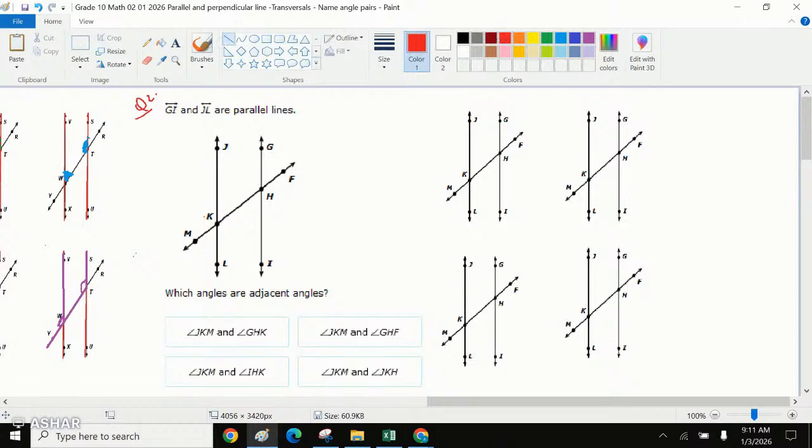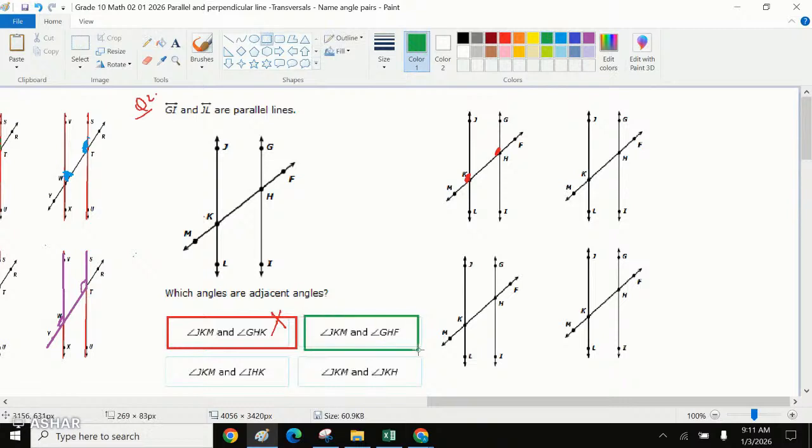Let's look at the first option, JKM and GHK, right? JKM is this angle, and G, H and K is this angle. We know these 2 angles are not adjacent, right? They're corresponding, right? Okay. The next one.